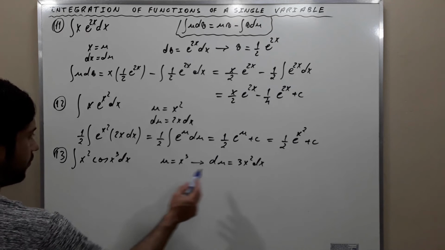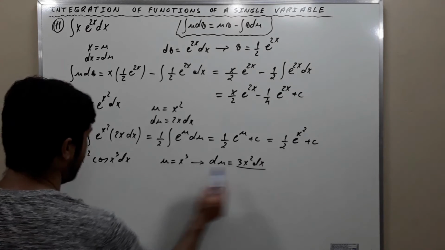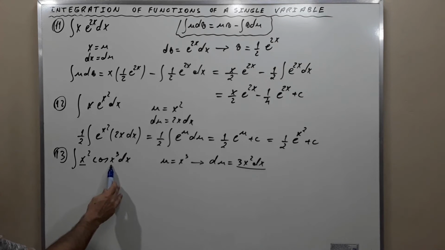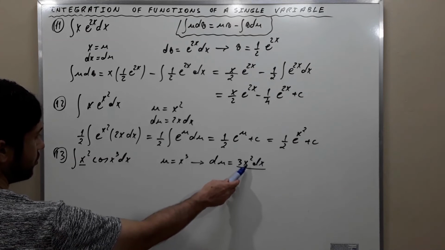Because we have this x squared here, we don't need to use that technique. We know that the derivative of x cubed produces an x squared.